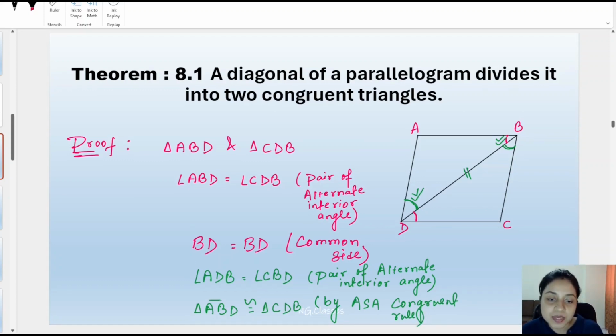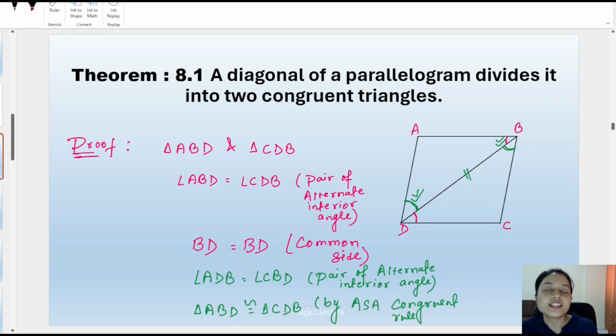That means AB must be the corresponding side with CD, BD must be the corresponding side with DB, and AD must be the corresponding side with CB. Hence, we have proved that a diagonal of a parallelogram divides it into two congruent triangles.